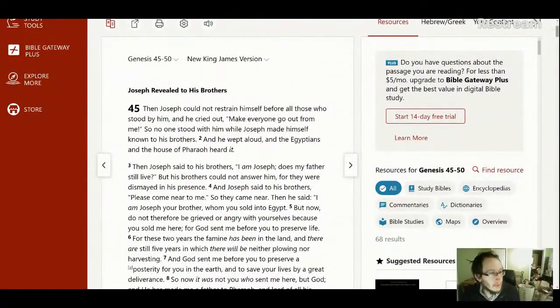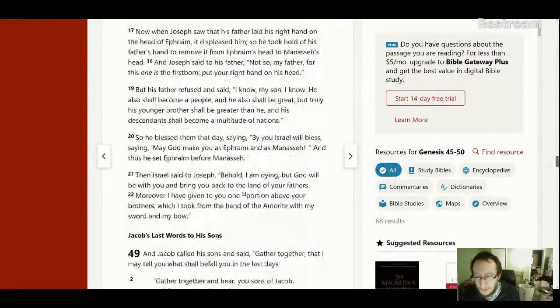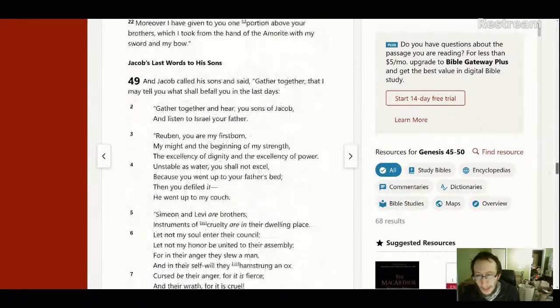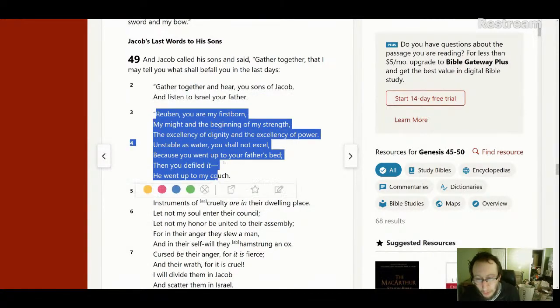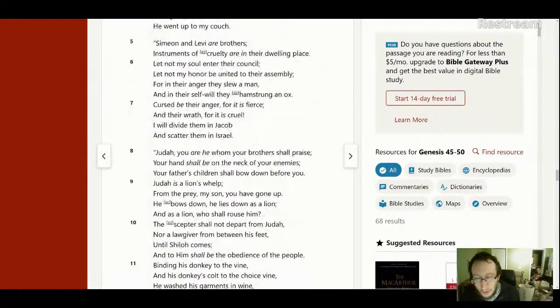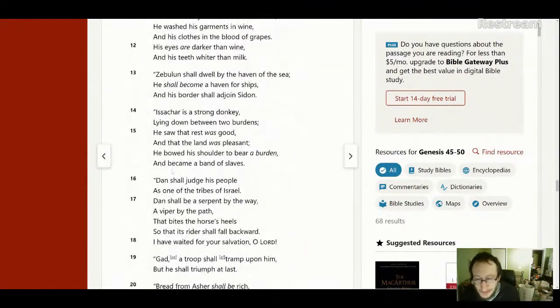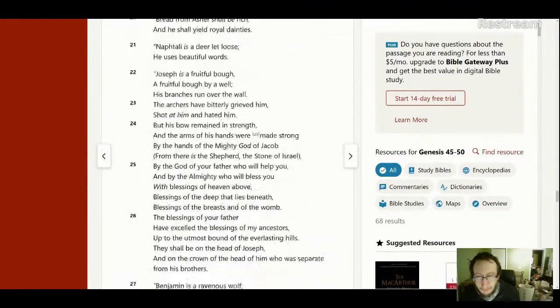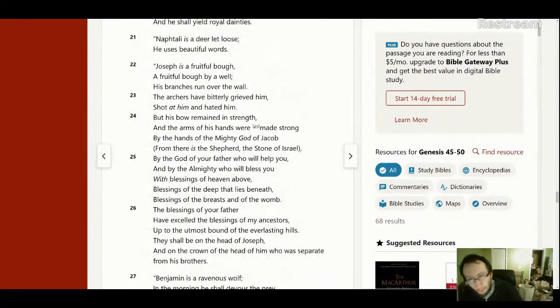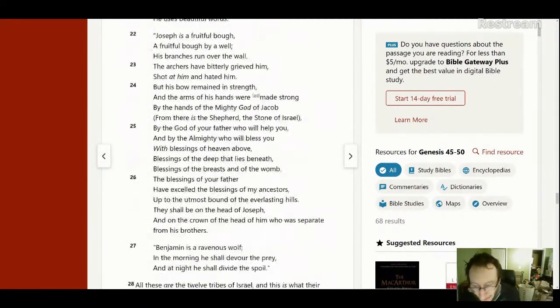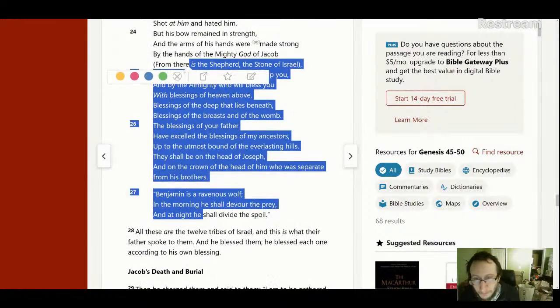So let me show you from Genesis, where he talks to each of his 12 sons. That's chapter 49. He gathers his sons: Reuben, Simeon and Levi, Judah, Zebulun, Issachar, Dan, Gad, Naphtali, Joseph, and Benjamin. So I believe the original form of the Testament of Jacob had all this, but in a longer form.